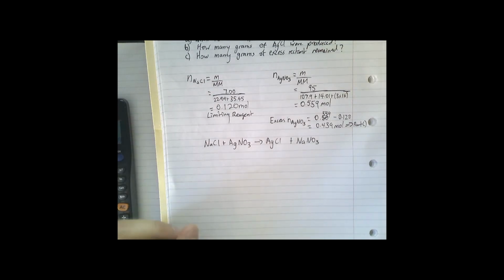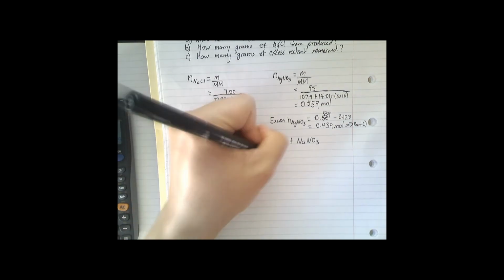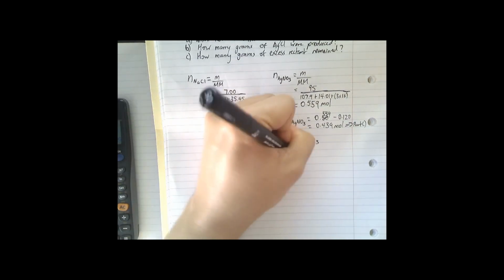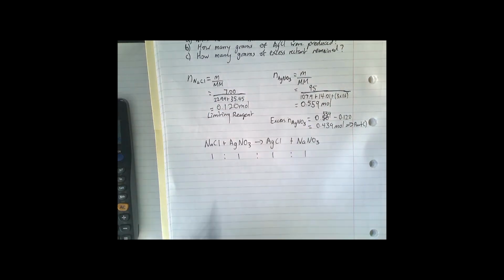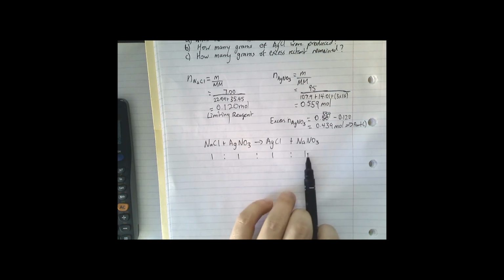And what you'll notice is, with this equation fully balanced, that the reaction exists in a 1-to-1-to-1-to-1 ratio, meaning that if I have 1 particle of sodium chloride, it will react with 1 particle of silver nitrate and produce 1 particle or 1 unit of silver chloride and 1 unit of sodium nitrate.